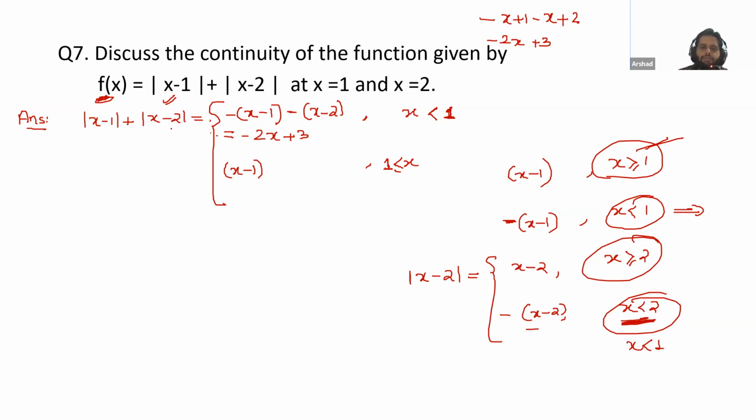Now, can you tell me about the second one, modulus of x minus 2? It will be positive or negative? Or do we need to change some inequality here? We need to add some number here.